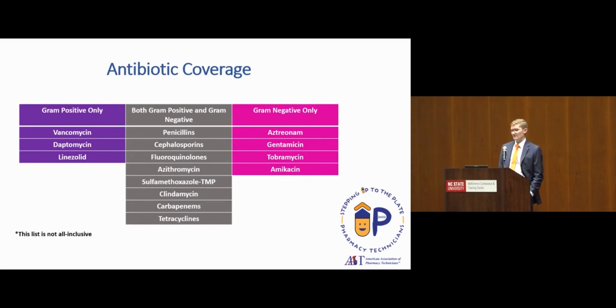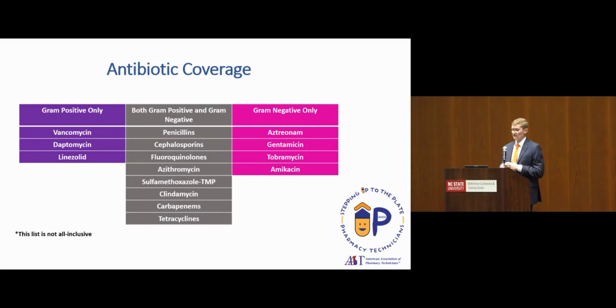Antibiotics have different spectrum of activity or coverage. Some antibiotics are only going to cover gram-positive bacteria. Some are going to cover only gram-negative bacteria. And then most are going to have a little bit of coverage of each.